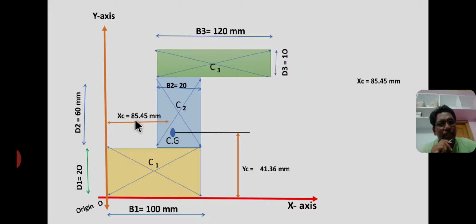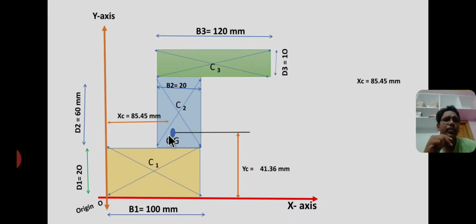The horizontal distance between the centroid and the y-axis is called xc, and the vertical distance between the centroid and the x-axis is called yc. From the previous slide we have already determined the values of xc and yc.